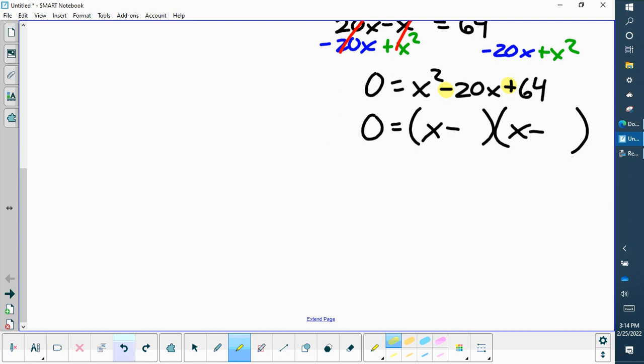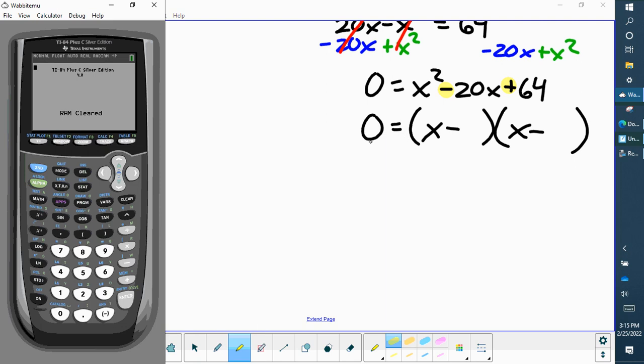Now I'm looking for some factors of 64. Like 1 and 64, 2 and 32, and I think the one that I like is 4. 64 divided by 4 is 16. And I like 4 and 16 because I notice they relate to the number 20.